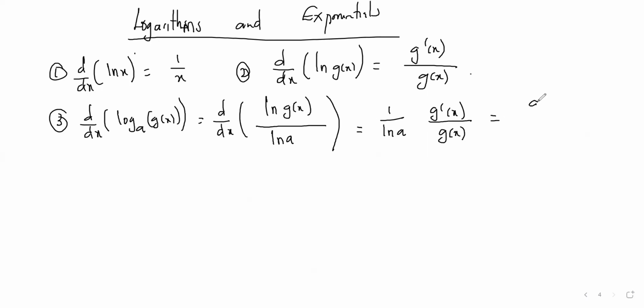So you may as well write it like this: g prime over g(x) ln a. Sometimes you find it written like that. That's basically how you would handle the logarithm functions, if you find that it's a log rather than ln.